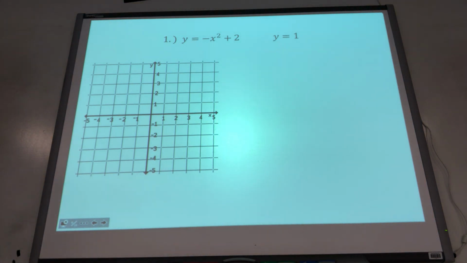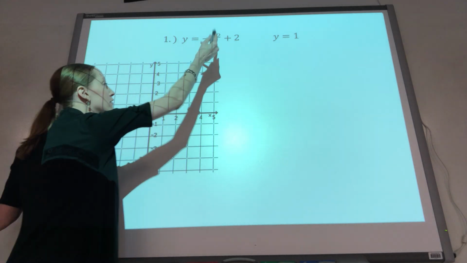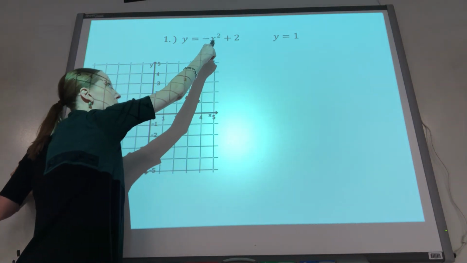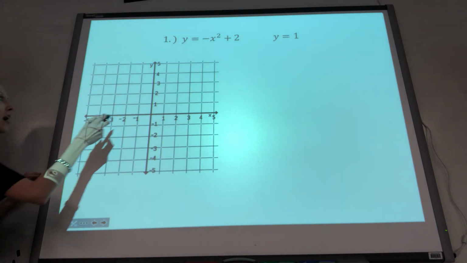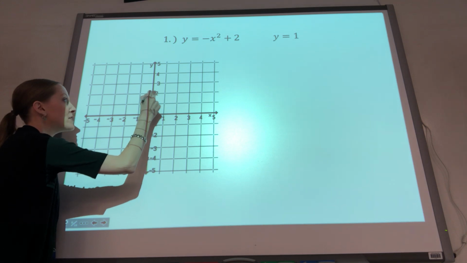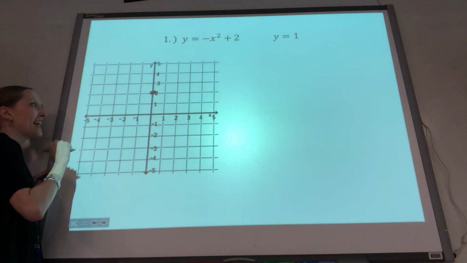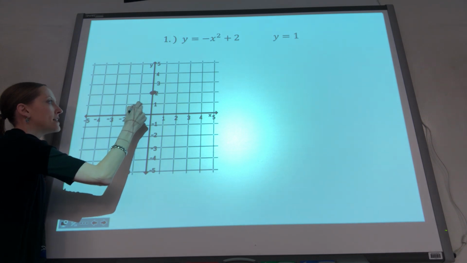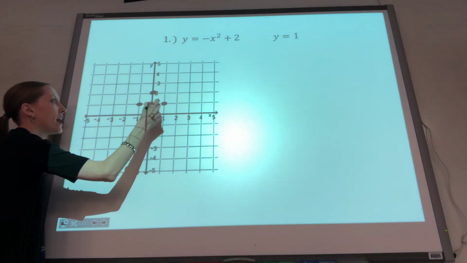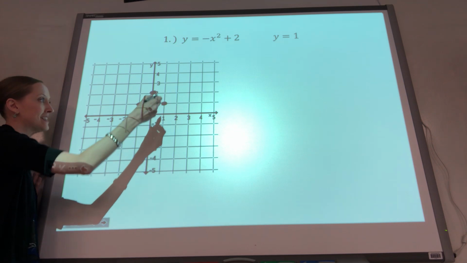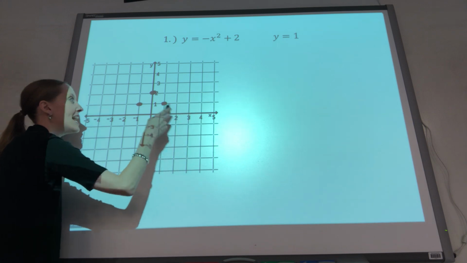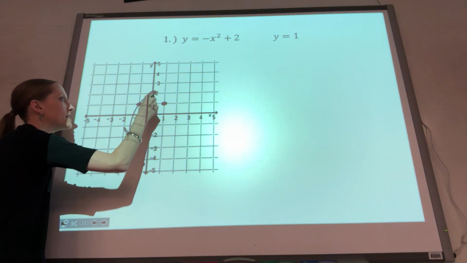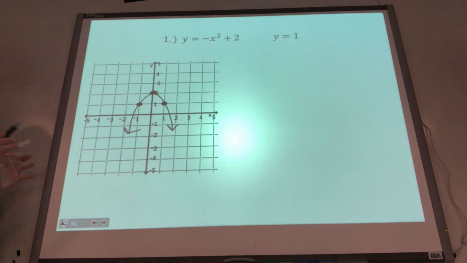Now this, I hope we don't really have to have our calculator for. You can, but this is a parabola shifted up 2 and flipped upside down. I'm just going to wing it here. Shifted up 2, flipped upside down. That means the next couple points would be right there, right there. I'm going to guess, since my other function is a horizontal line at 1, I'm thinking those points are probably enough for that graph.